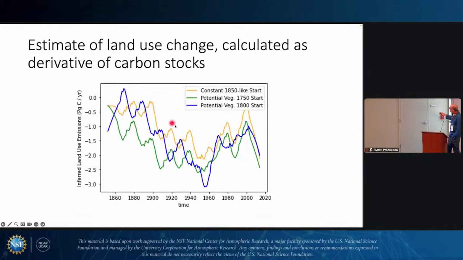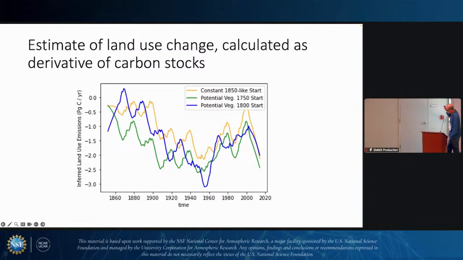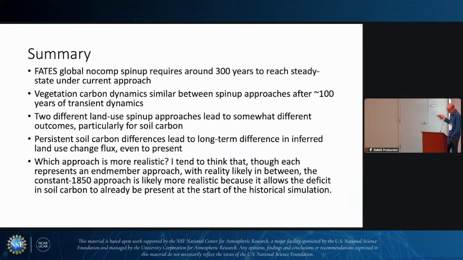And again, this really just speaks to these really long-term legacies of these spin-up conditions, right? These decisions you make about how you equilibrate the model, they don't go away; they persist in time.